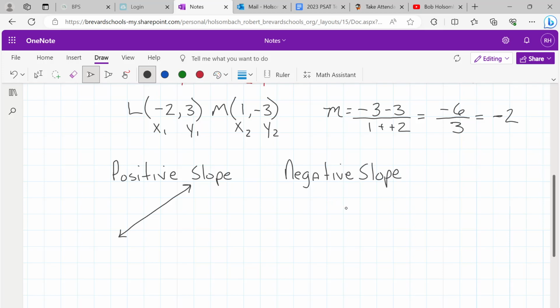All right, if a line has a negative slope, then it goes up and to the left. Then we've got zero slope. That's a horizontal line.